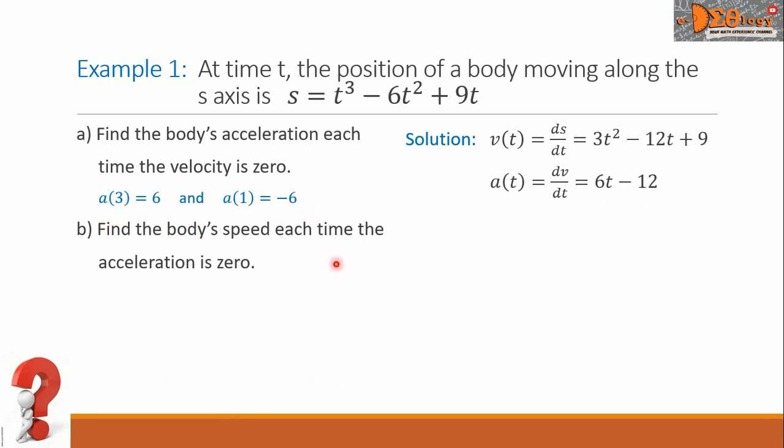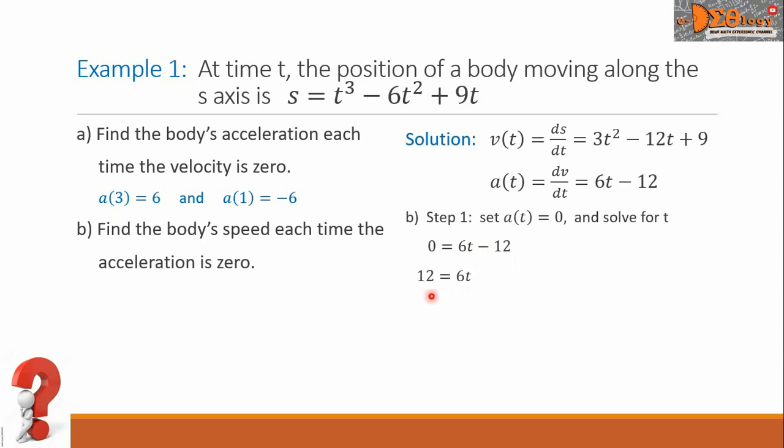Now let us solve for letter B. This time we have step 1. Let us set the acceleration function equals 0 and let us solve for t. So we have 0 equals 6t minus 12. Solving for t, let us transpose this negative 12 to the left side.